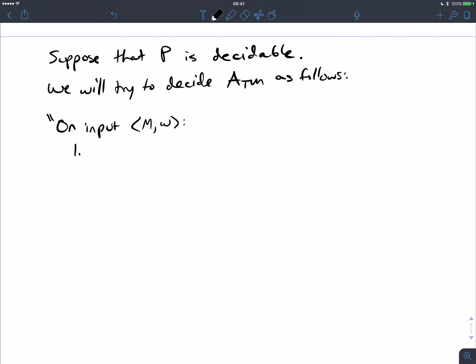I don't know. It may. Well, let's suppose it does. So let's suppose, so I'm going to put it over here. Suppose that M is a TM that has empty language.